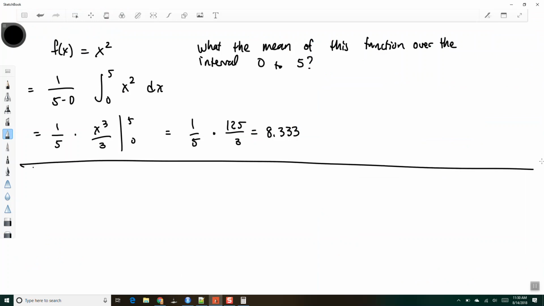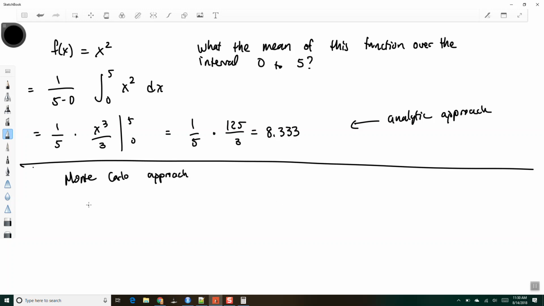So this is analytic, right? The Monte Carlo approach would say, I don't know how to integrate, which is kind of how I feel in real life.